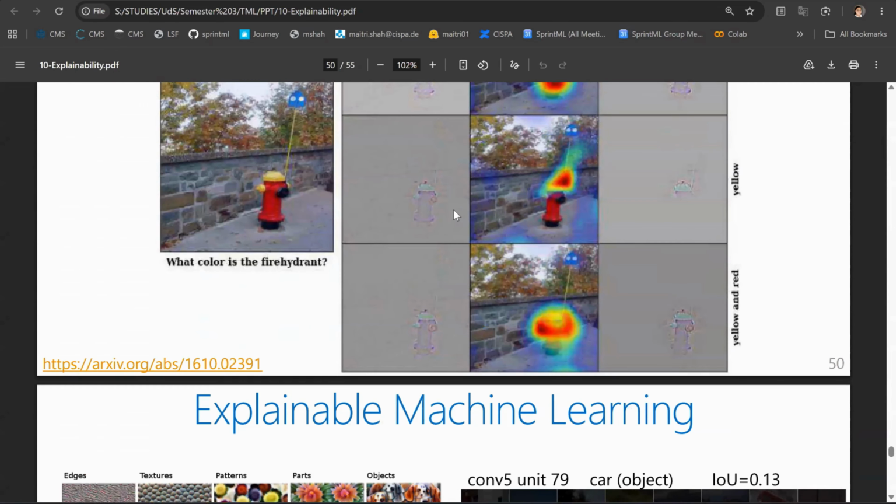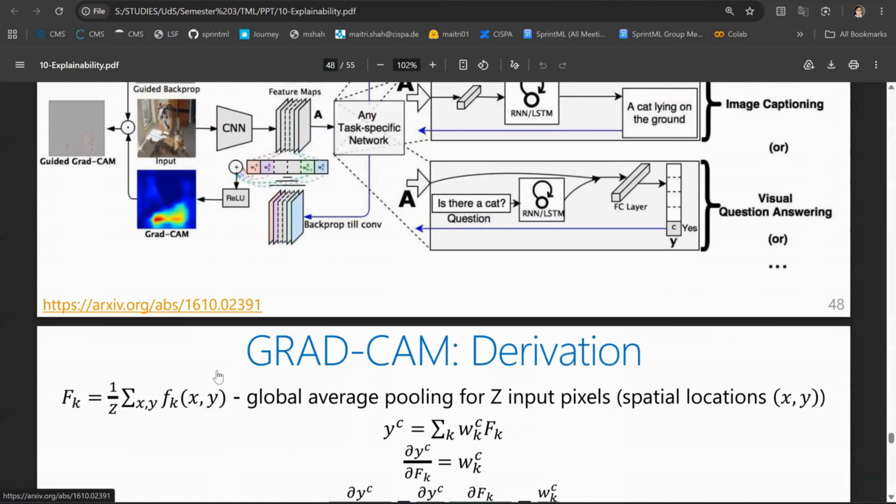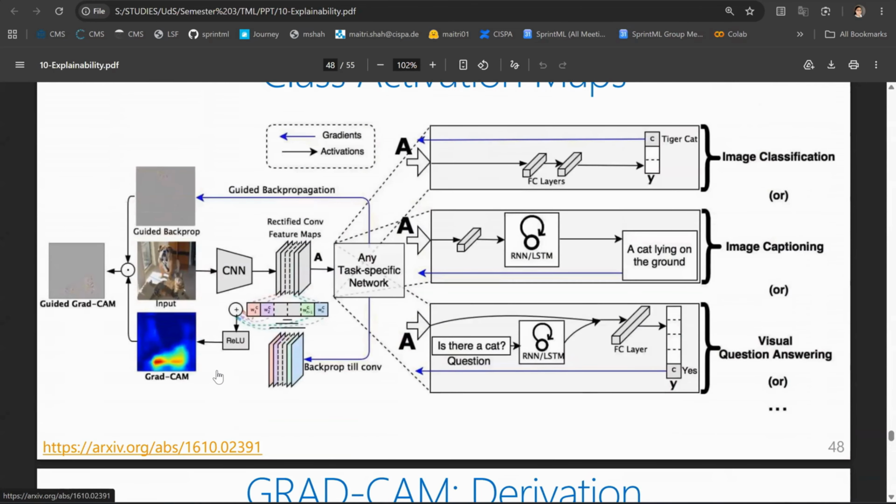For completeness, you can just look at the CAM paper and Grad-CAM paper and see exactly how it's happening. Usually you won't be asked the whole CAM or Grad-CAM explanation, but it's good to have the understanding. Even here, the blue arrows show the gradients and activations, but the guided backpropagation actually changes things here.